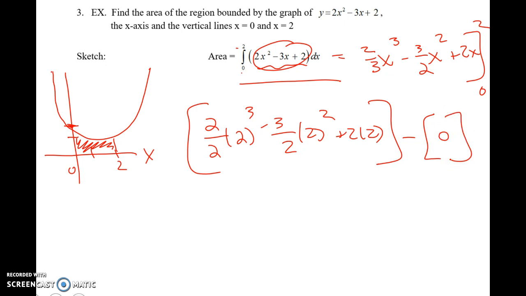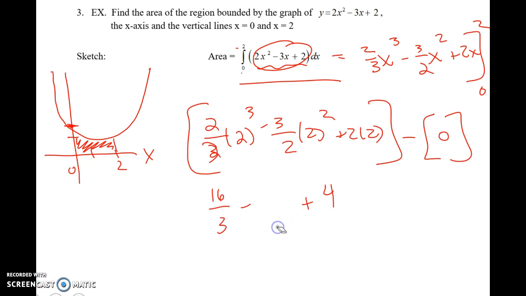Now let's evaluate. 2 cubed is 8. So 8 times 2/3 will be 16/3. 2 squared is 4. 4 times 3 is 12, so I have 12 halves. And then 2 times 2 is 4. 12 halves I could have written as a 6.